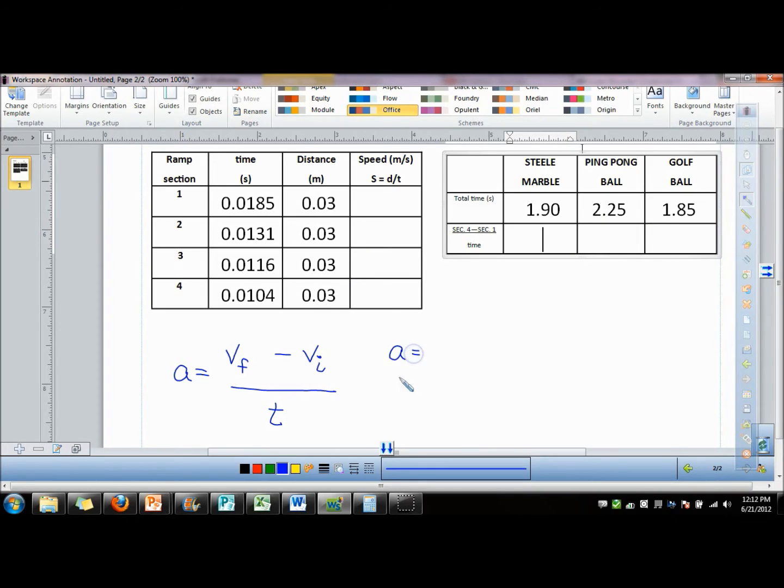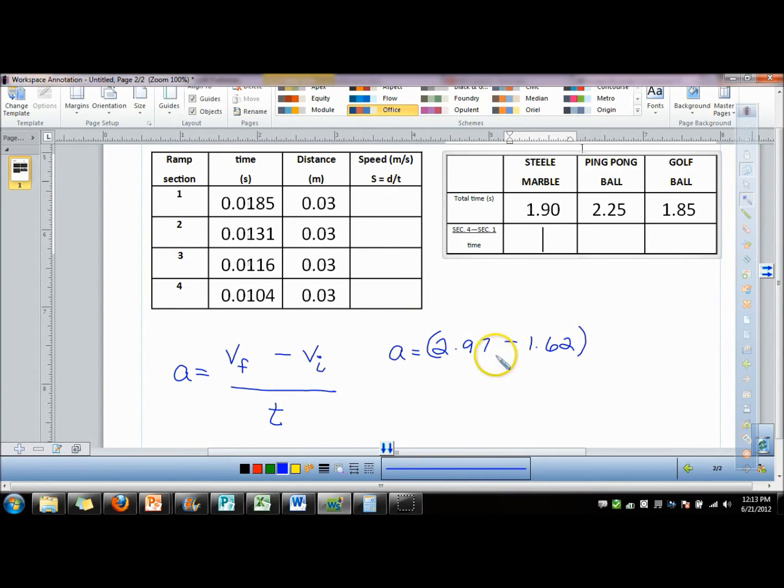It's easiest to write out everything before you try and use your calculator. So speed at the end of the ramp for the steel marble we calculated was 2.97 minus the speed at the beginning of the ramp for the steel marble, which was 1.62.